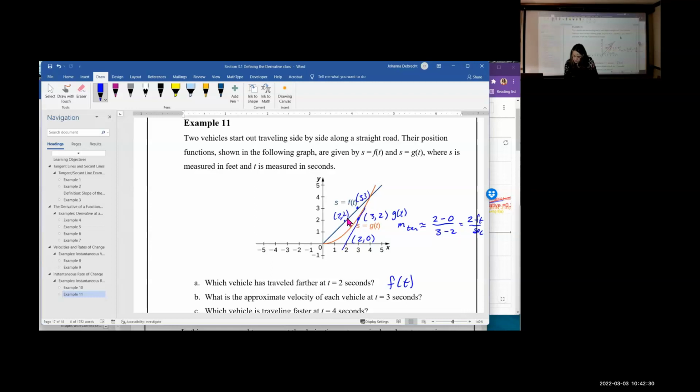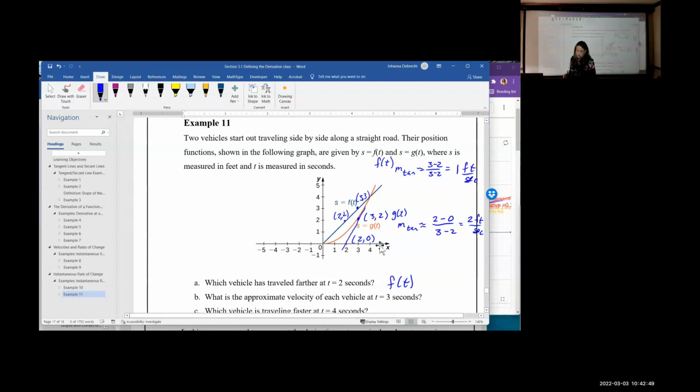So if you want to compute its slope, you would have 3 minus 2 over 3 minus 2, which is 1. And this is on F of t. So the approximate velocity of each vehicle is in feet per second.